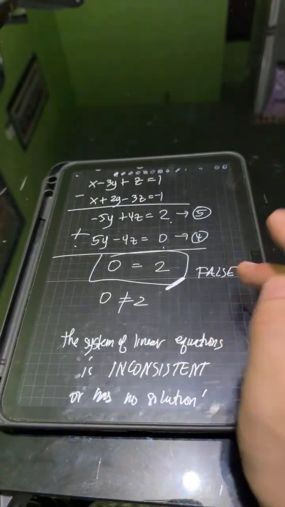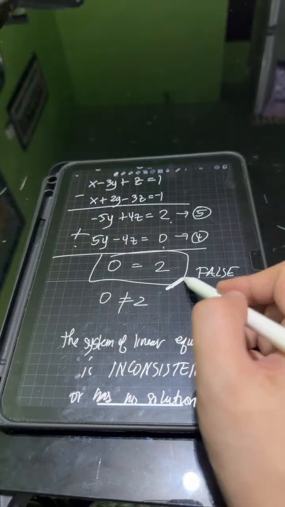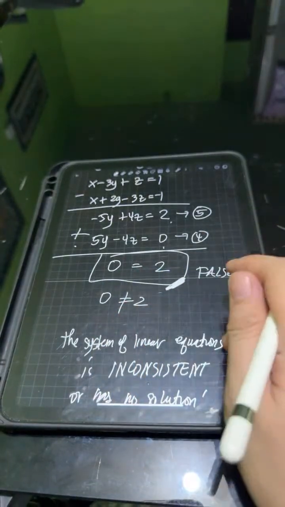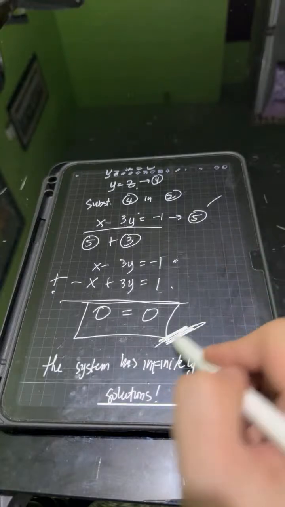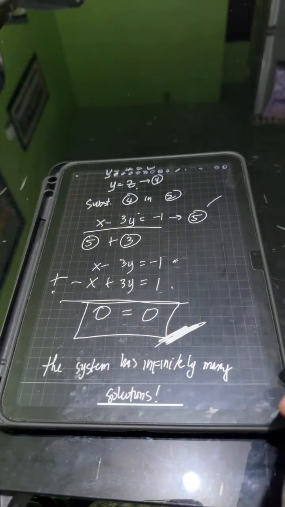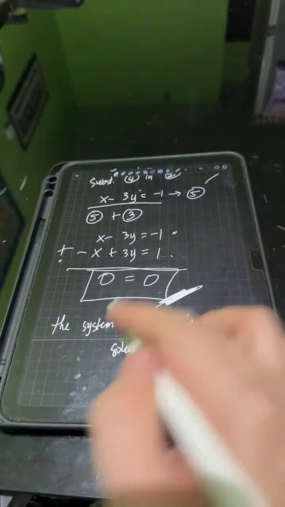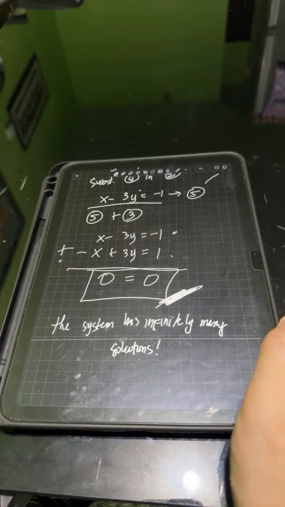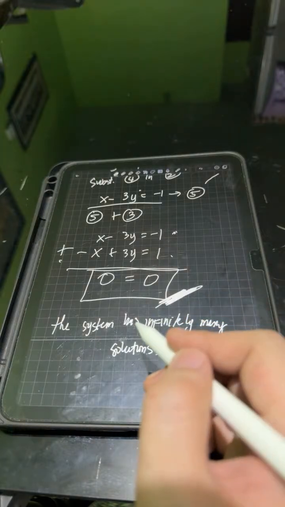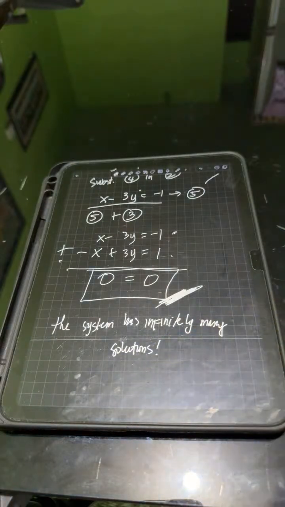Unlike on the previous problem, we had a false statement because 0 is not equal to 2. But this time, if you encounter this true equation or true statement, this means that the system of equations has infinitely many solutions. So you can represent the solution set in parametric form if you have a system of linear equations that has infinitely many solutions.